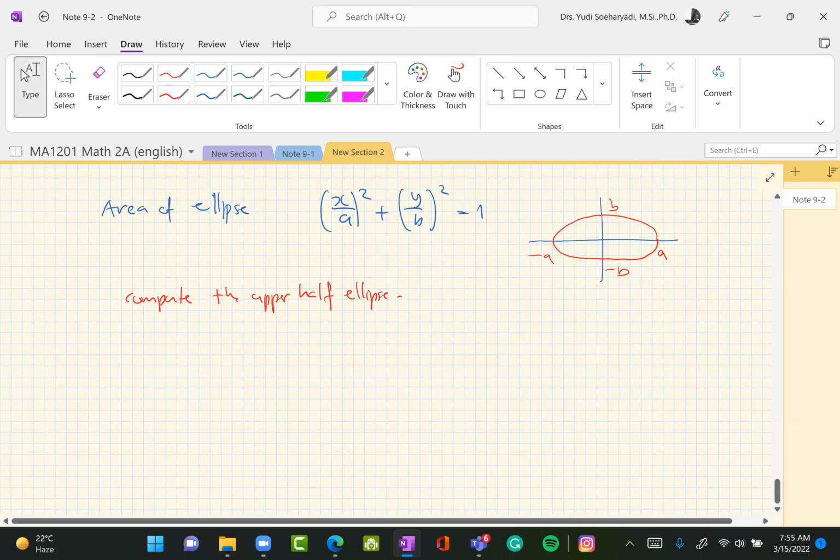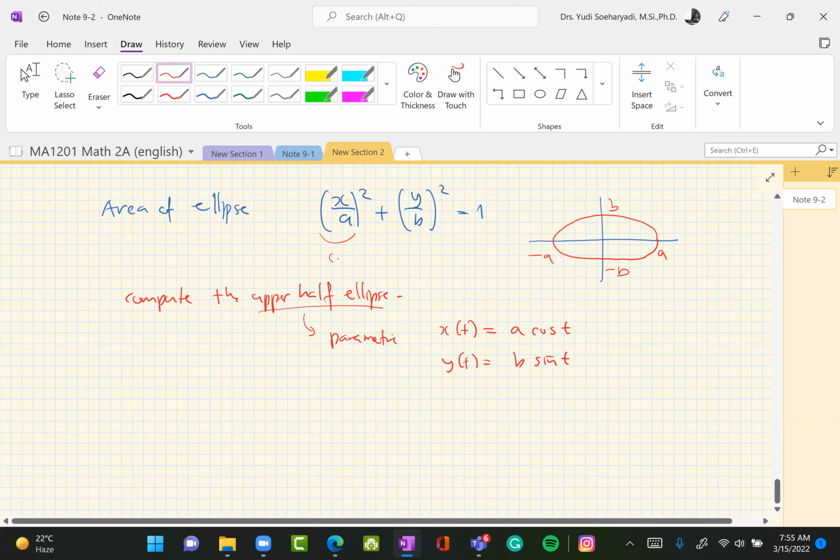Okay, so the upper half ellipse in terms of parametric is: x equals a cosine t, and y is b sine t. So you see that cosine is just x over a.